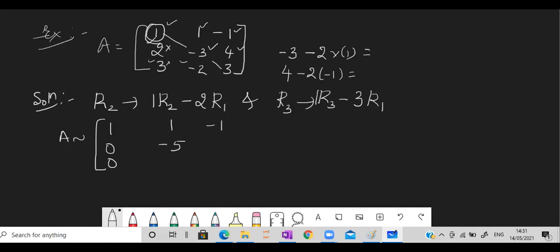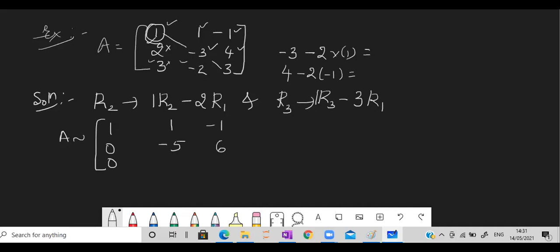The value is 6, since minus into minus is plus.